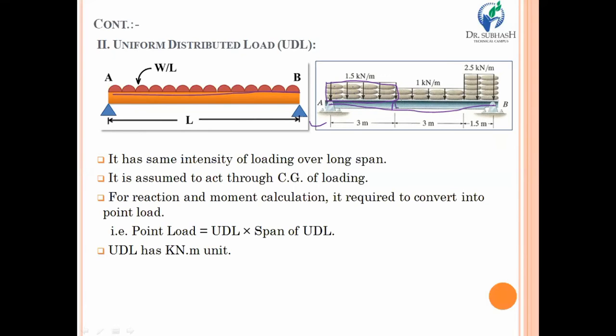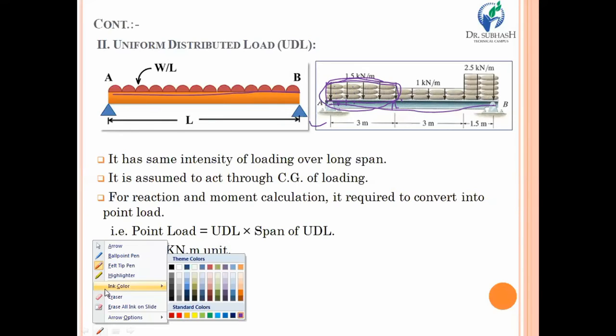So we can say that this portion of the beam, A to A dash, is subjected to uniform intensity of loading. If you find such a condition where a similar intensity of load is acting over the span of the beam, then that will be known as a uniform distributed load.